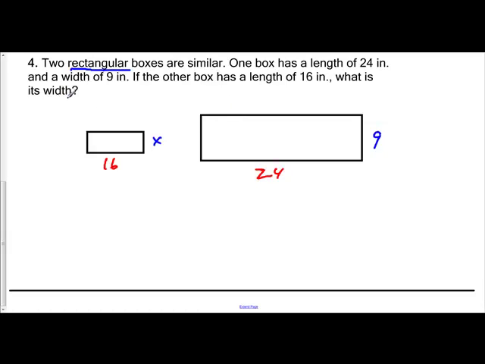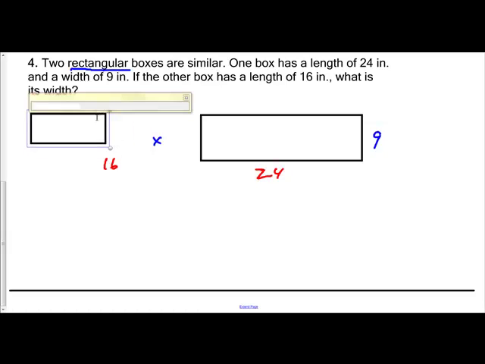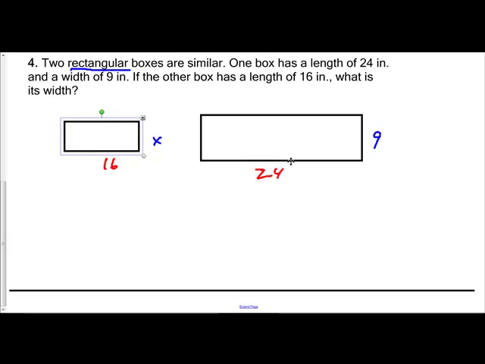It says what is its width. All right. So this here is a similar figure to this one right here. They're obviously not the same, but they are similar.